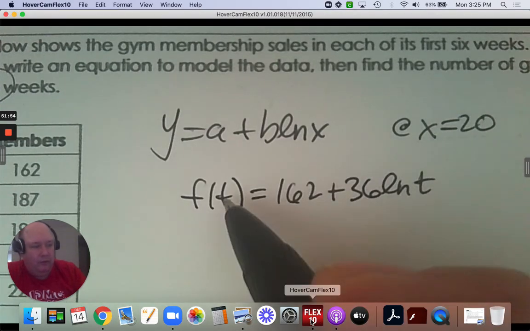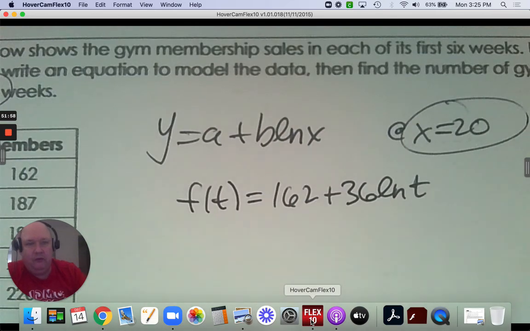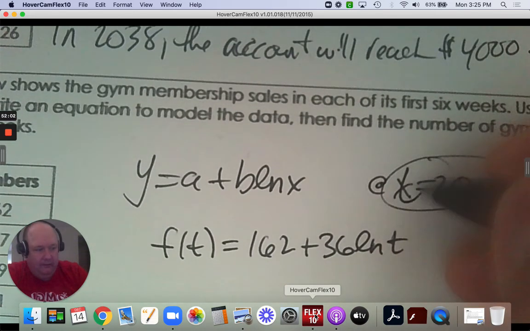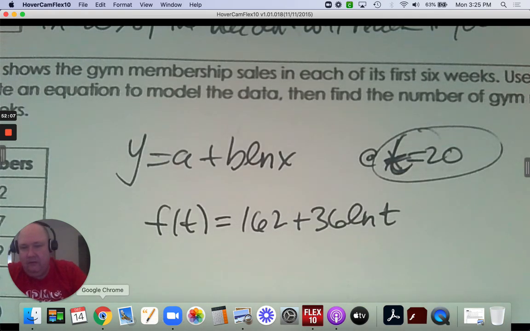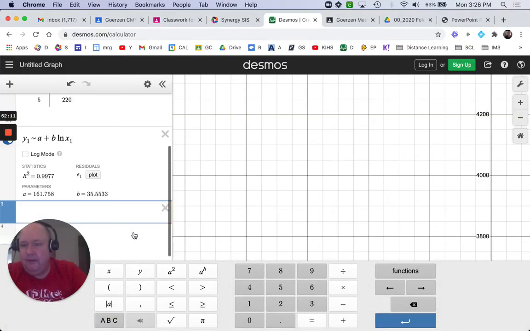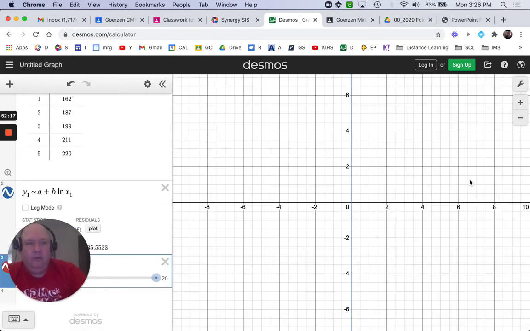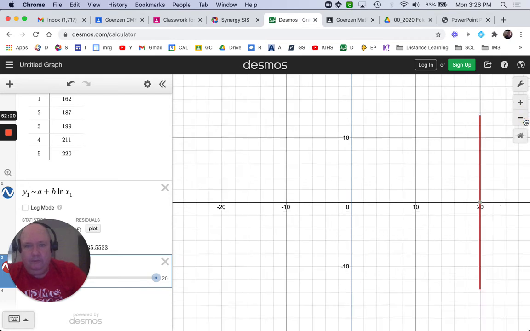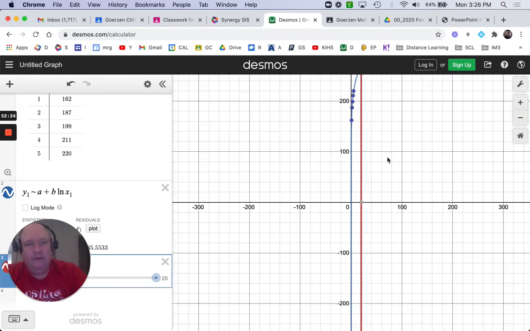I put it in terms of t for time. And then what happens when x is equal to 20? In this case, it's t that's equal to 20. So on Desmos, we're going to type in x equals 20, and then we're just going to look and see where the two intersect.